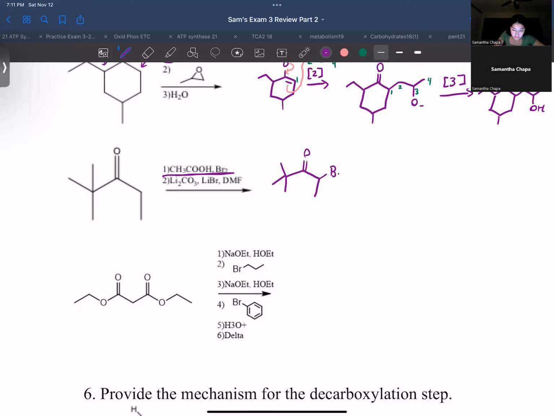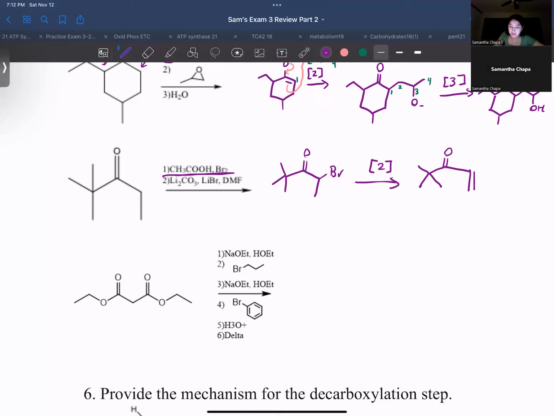Then I do step 2. Step 2 is an elimination reaction. They don't show you the mechanism for this one either. So I don't think this one's one that you have to know for your test. For the life of me, I tried to find a mechanism. I think it's just a regular elimination reaction.